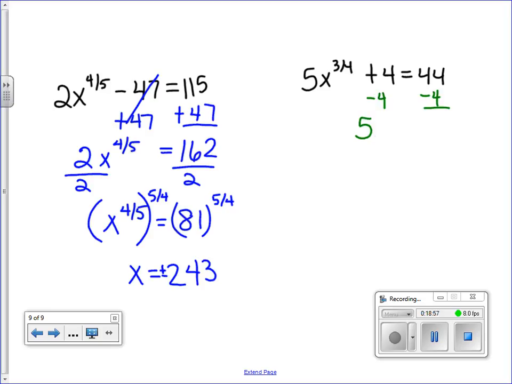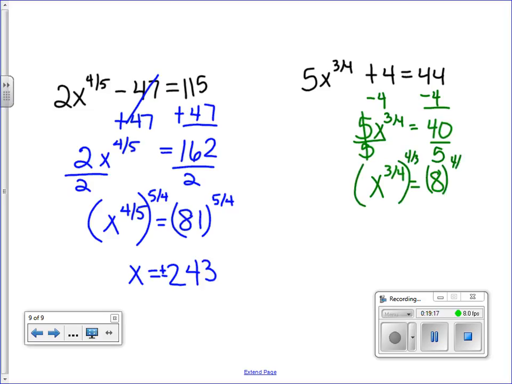Alright, what's first over here? So I have 5x to the 3/4 equals 40. Divide by 5. X to the 3/4 equals 8. Go to the 4/3. X equals 16. Do I need a plus or minus?